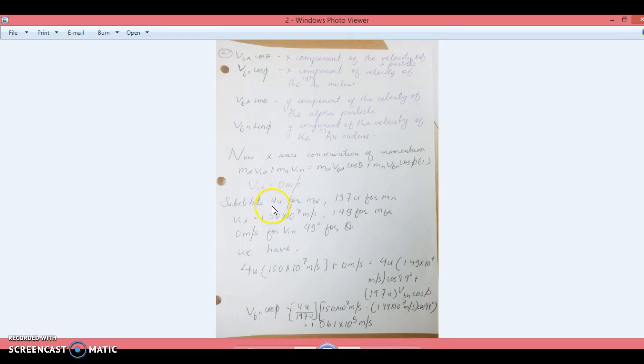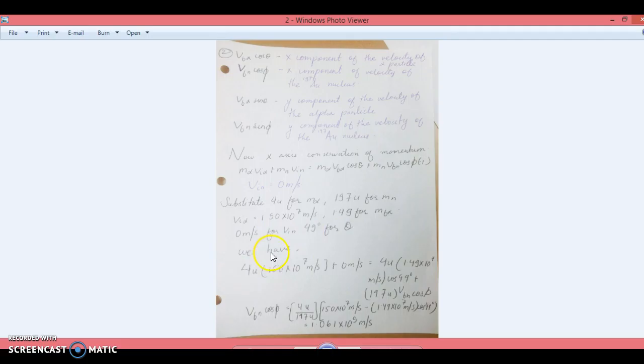Similarly, we're substituting the mass of the alpha particle, which is 4 u, and the mass of the nucleus, the gold nucleus, 197 u. Then the initial speed of the alpha particle, and theta, which is 49 degrees.